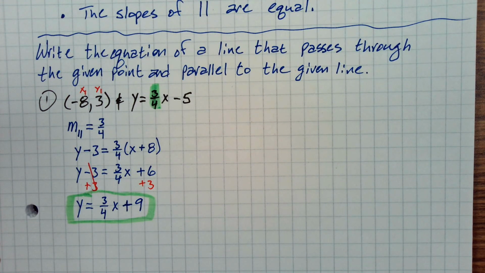Well, it has to go exactly through it. Here, let me do it really quickly. We want 3/4 x minus 5. So let's do 3/4 x minus 5. There's one line. And 3/4 x plus 9.